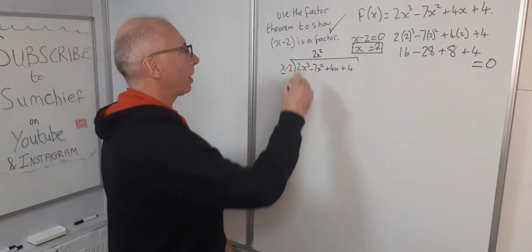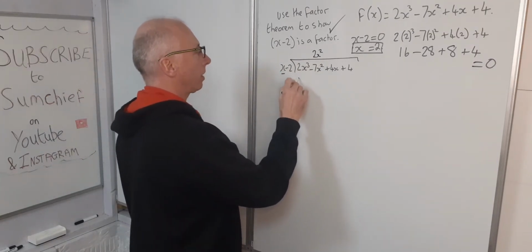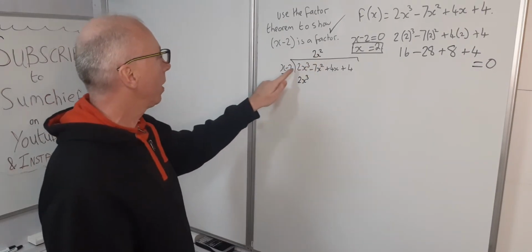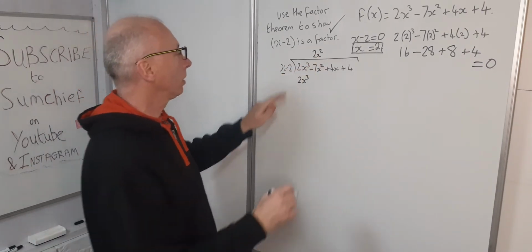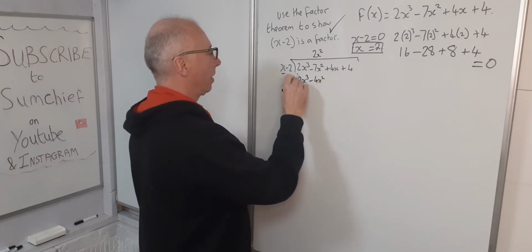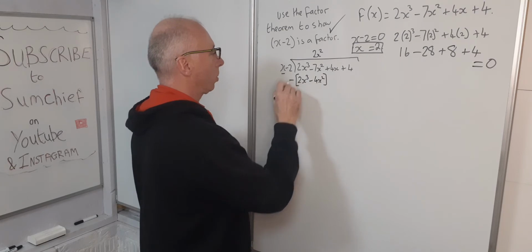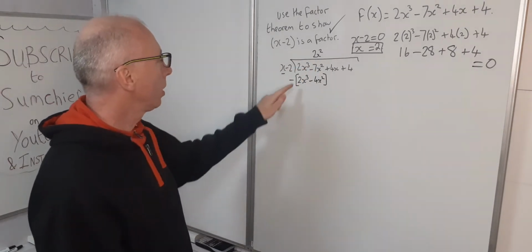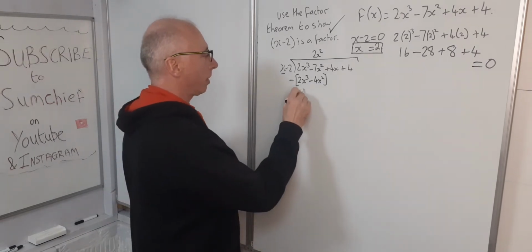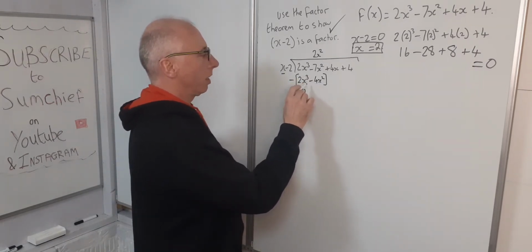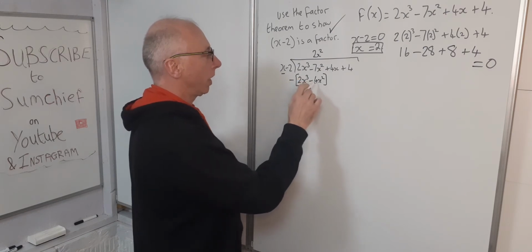So now we'll multiply this back out. So we get 2x cubed, and then multiply this by the minus 2 as well. So minus 4x squared. And then what we do is we subtract that from the ones on the line above. So 2x cubed minus 2x cubed, that's 0. And then minus, minus, that's minus plus, so it's still minus.